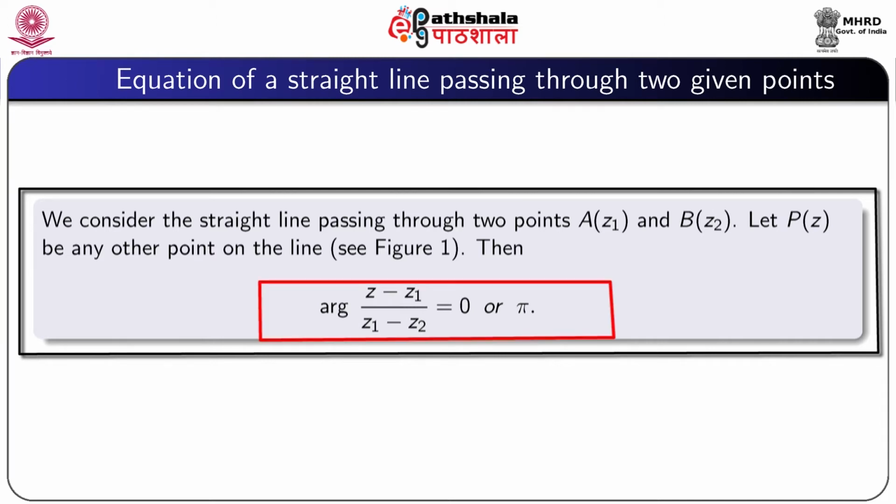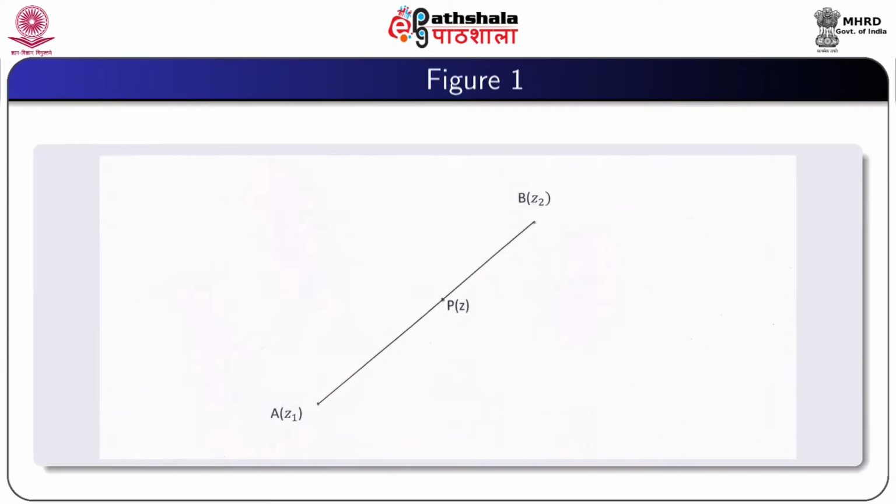Then clearly argument of (z minus z1) by (z1 minus z2) is either 0 or pi, and this is the figure. So, from this it is clear that the line AP and line AB have the same argument or differ by pi.